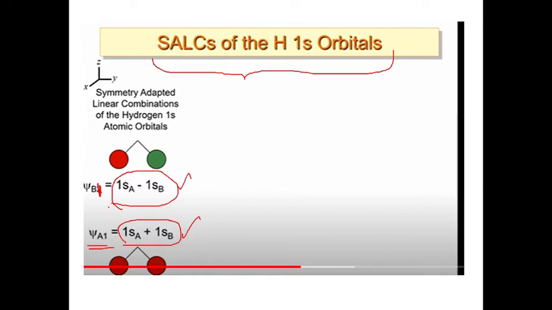This is not normalized, so let us not worry about the normalization or the numerics, because we are worried only about the symmetry. What is of more concern to us is that the SALCs belong to two different symmetries, A1 and B1. That is what we have to remember.